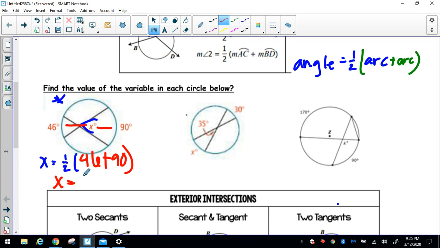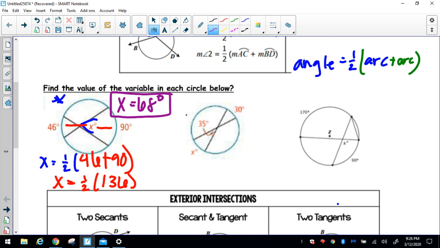So that means x equals half of 136, which, if you go ahead and do that multiplication, half of 136, I'm pretty sure is 68. So you would write x equals 68, and it's an angle, so put degrees. Correct.